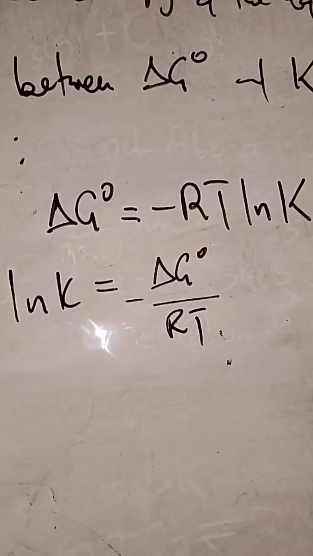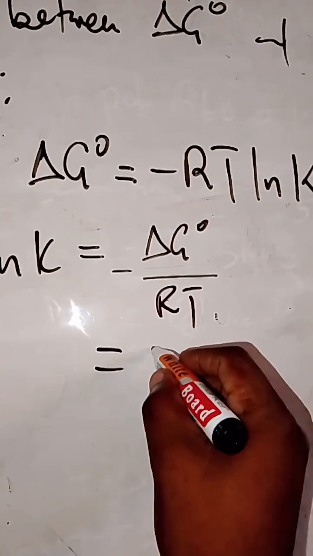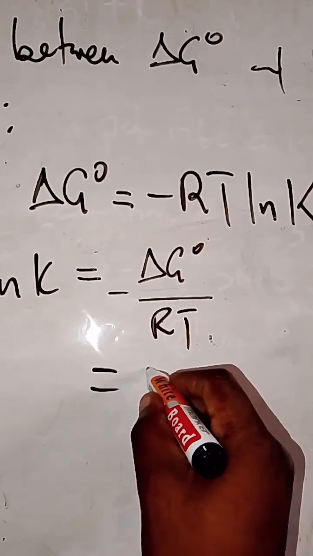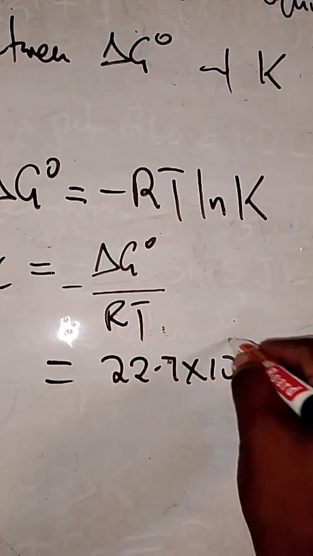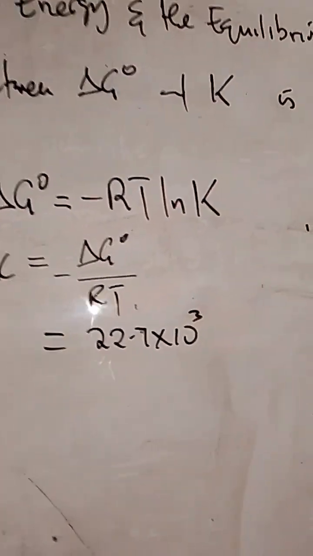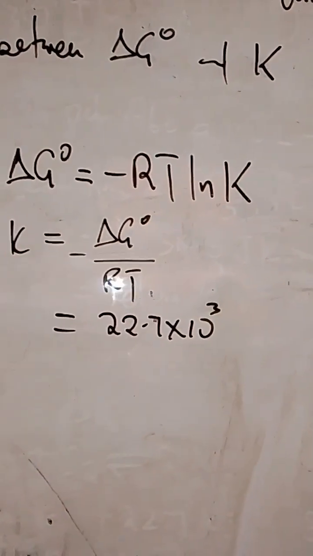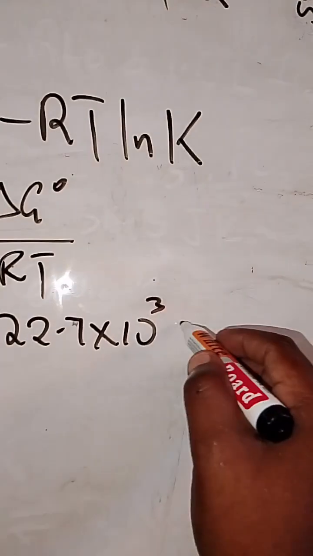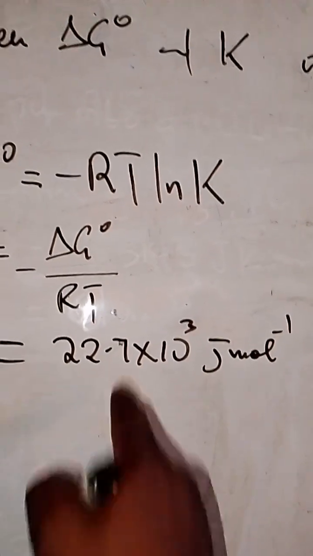Then we substitute. Delta G is given, which is 22.7 times 10 to the power 3. It has to be in joules per mole. It was in kilo, so you convert it.